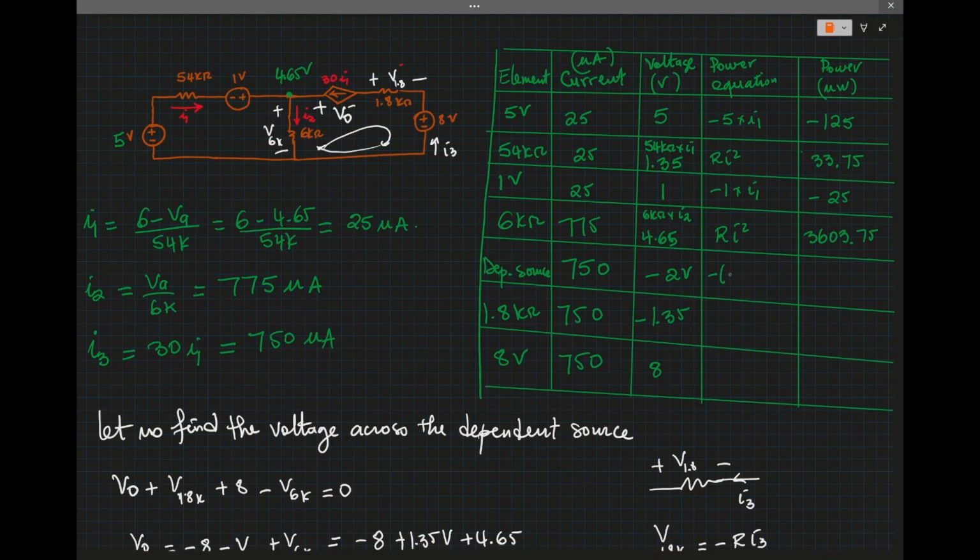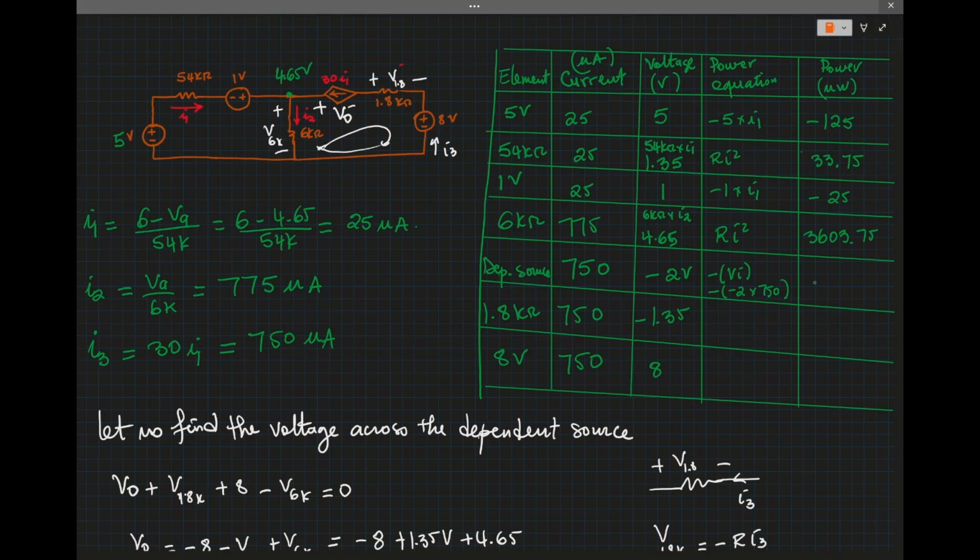So the voltage minus Vi, so that will be minus 2 times the current, which is 30 I1. So the current there is 750 micro.